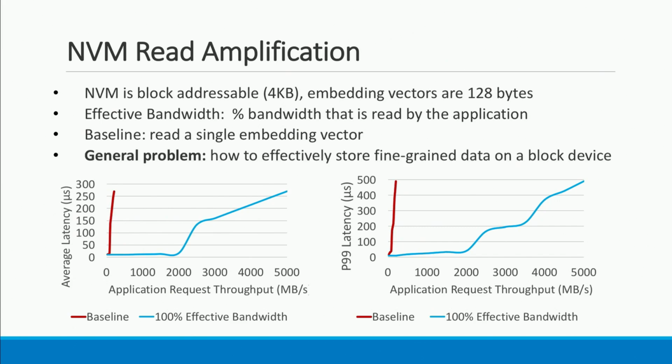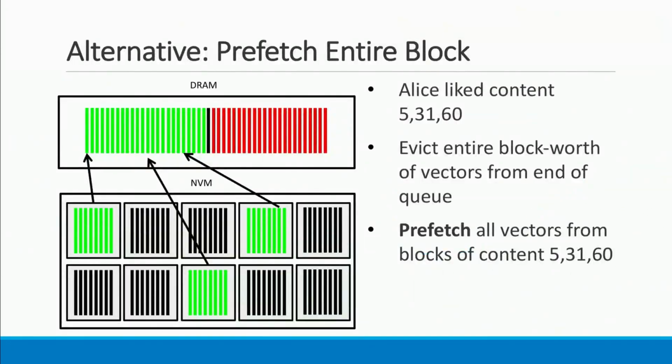So our general problem is how can we effectively store fine-grained data on a block device? Or in other words, how can we maximize the effective bandwidth? Another approach is instead of fetching the vectors one by one, to prefetch the entire block that belongs to the vectors that we are interested to read.